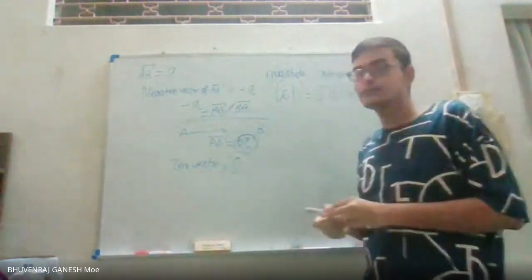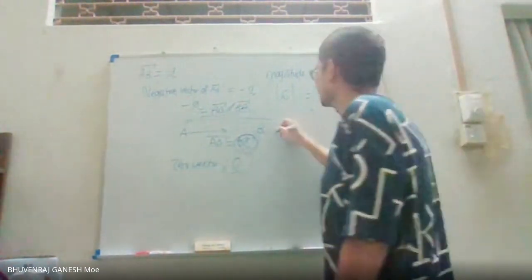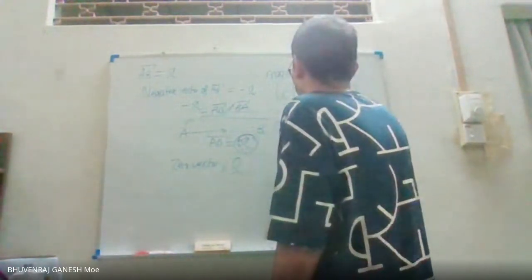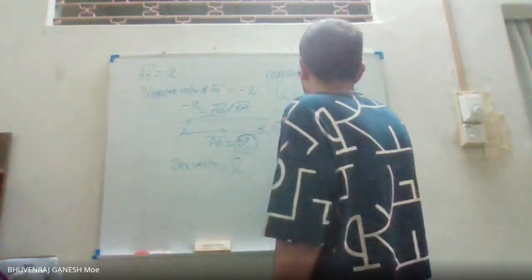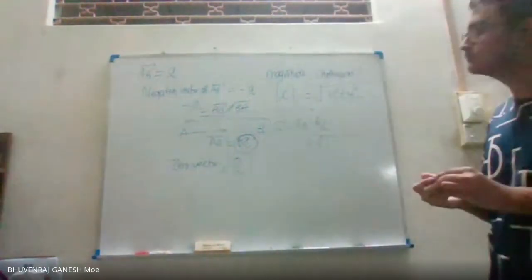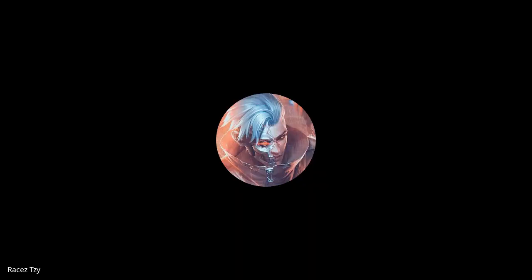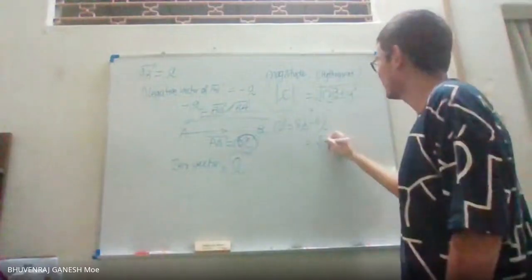If you got negative, you can also sub in. Let's say I give an example. CB is 8i minus 6j. What is your magnitude from here? What will you sub in for your x? 8. Very good. 8 square, remember square.